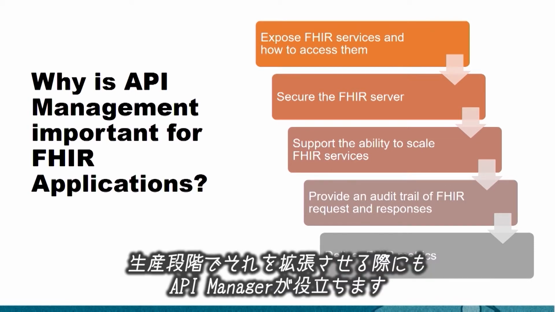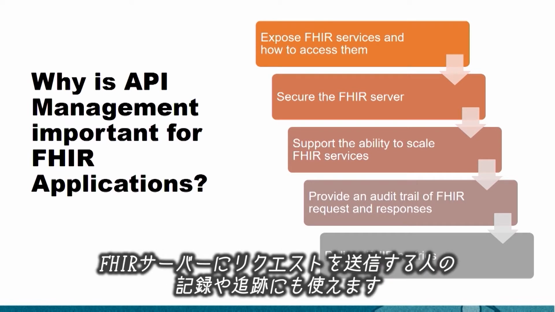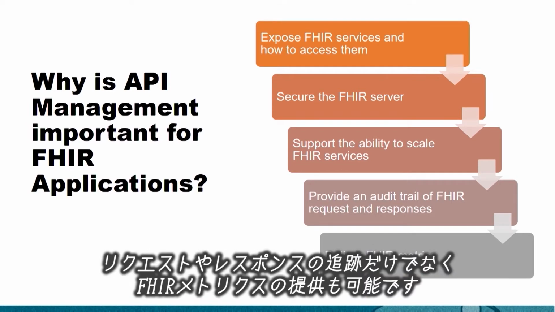You need the ability to scale that up, and an API manager could help you achieve that goal. It could also help you log and track who is making requests of your FHIR server, so we could track requests and responses and deliver FHIR metrics.